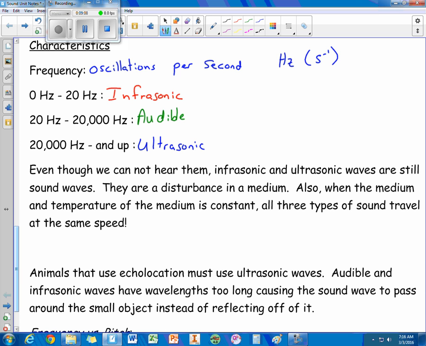If we take a look at our equation for the speed of a wave, for very low frequencies, we must have a very long wavelength. And for very high frequencies, you must have a very short wavelength.